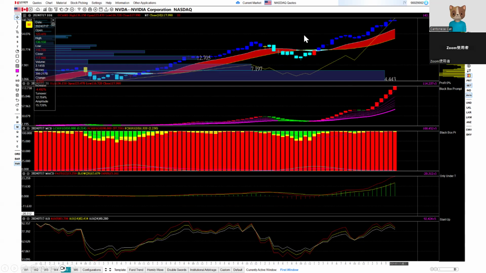So here there are two signals telling us that the stock is bottoming out. If you take a look at the last red candle in panel one on the monthly chart, along with the blue ribbon, this is the early sign telling us that NVDA was already bottoming out. So you have to buy here so that you can ride with the trend easily.